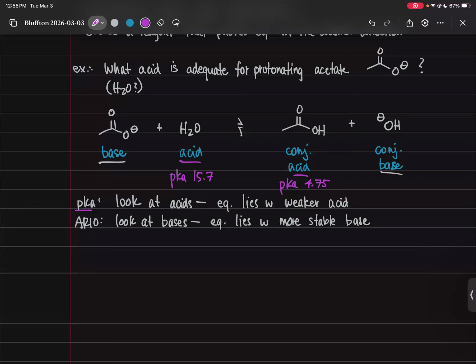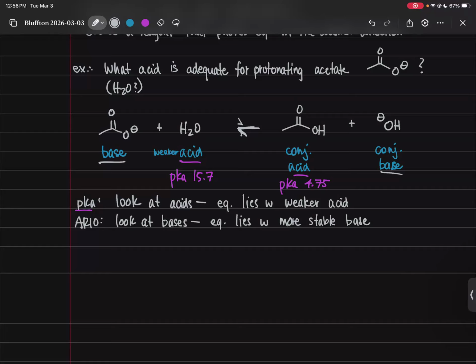So which is the weaker acid, water or acetic acid? Low pKa means stronger acid, so the higher pKa is the weaker acid. So water is the weaker acid, and that means the equilibrium is going to lie on that side of the equation. So the answer is no, water is not adequate for protonating acetate, because if that reaction occurs, it's just going to go backwards and stay that way.